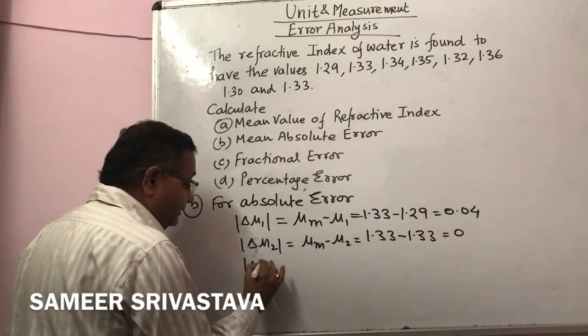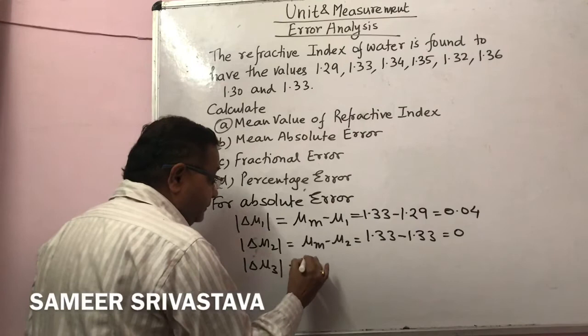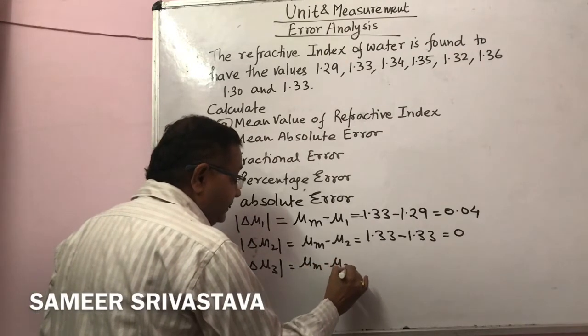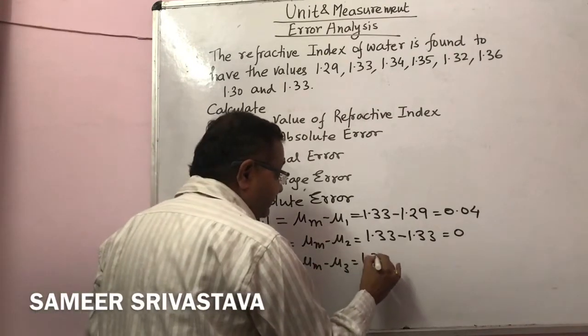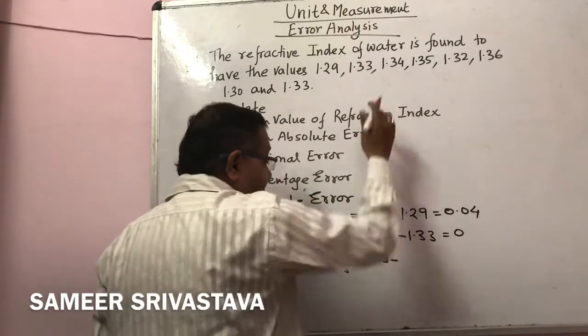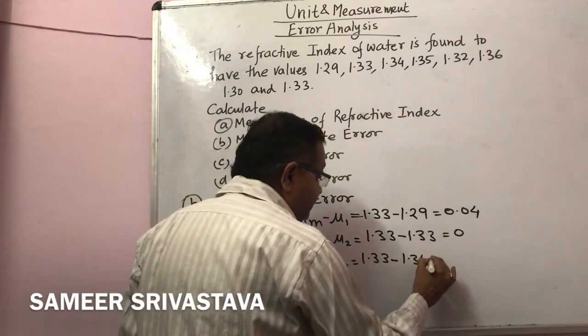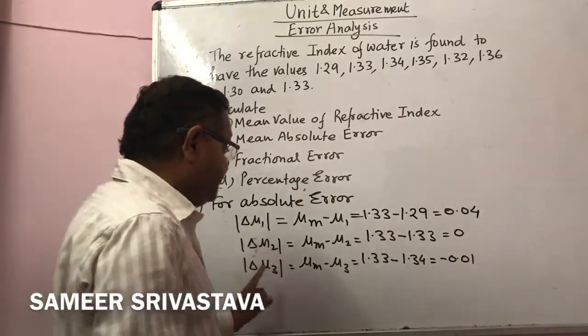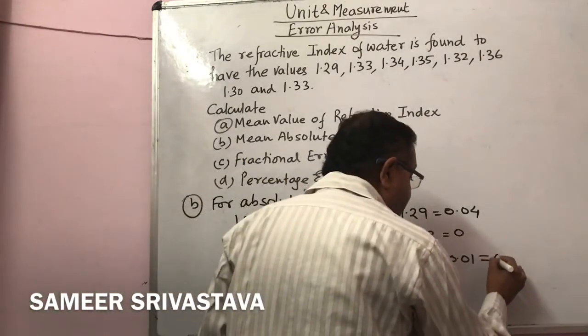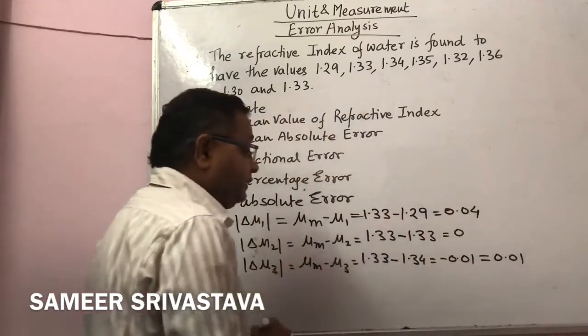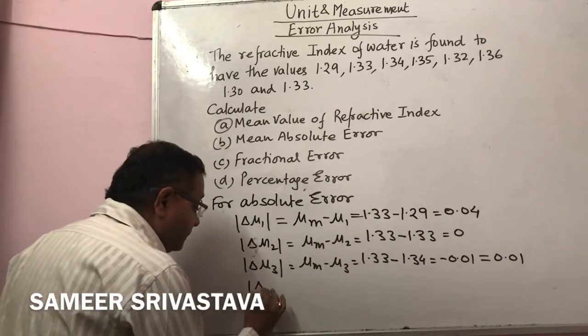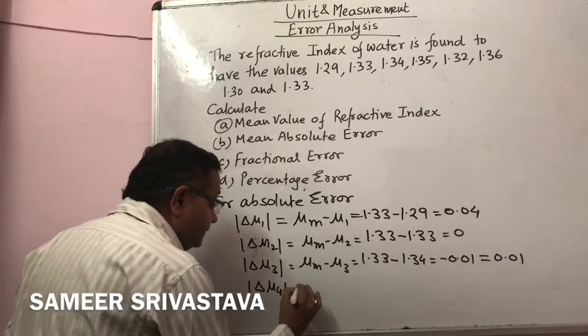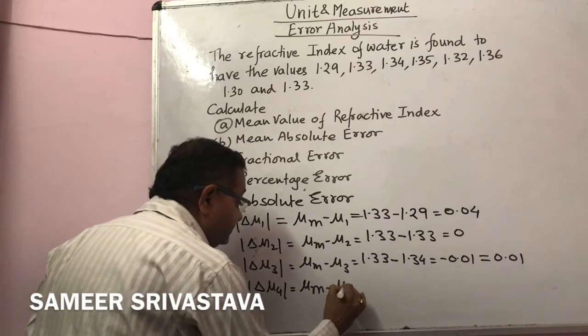Mod mu 3, mu m minus mu 3. Mu m is 1.33 and mu 3 is 1.34. This becomes minus 0.01, but we all know that this is an absolute value, so we take it as the positive value, 0.01.